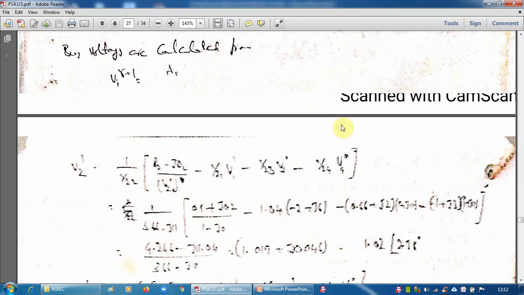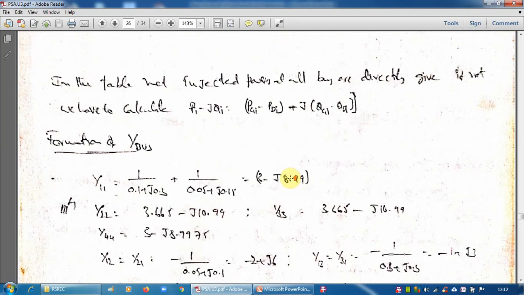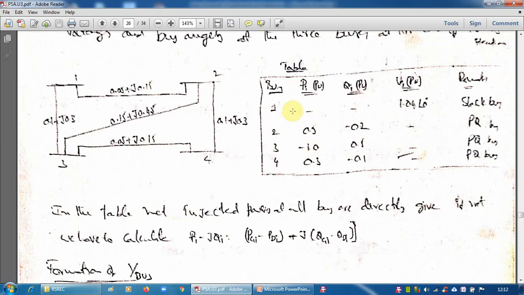Now we can calculate all the bus voltage angles and magnitudes, as all the buses are PQ load buses. That we can do by using this expression. First of all, the first bus is the slack bus. First bus is the slack bus.